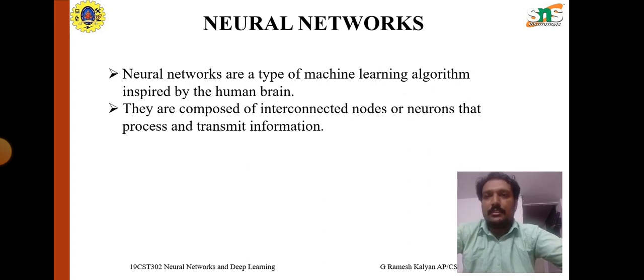Similarly, a neural network is inspired by the human brain. It similarly has many neurons, and these neurons are called artificial neurons, and these neurons in the network are called nodes or interconnected nodes.